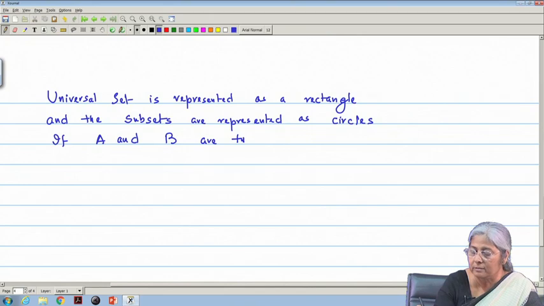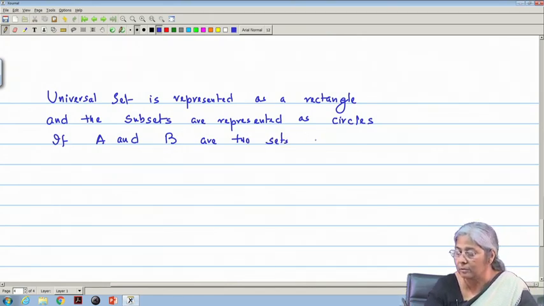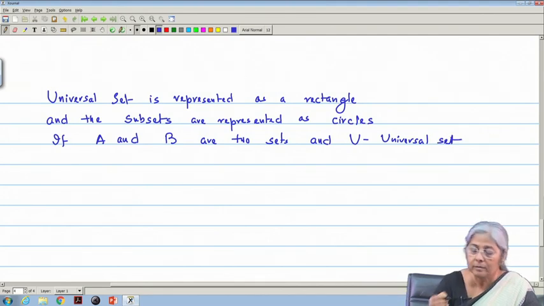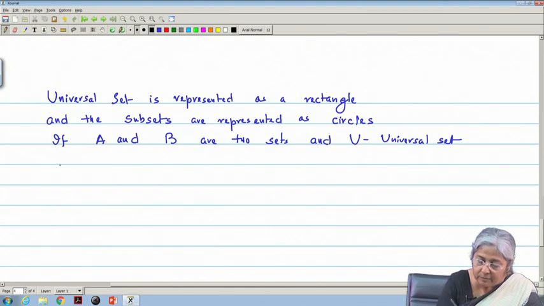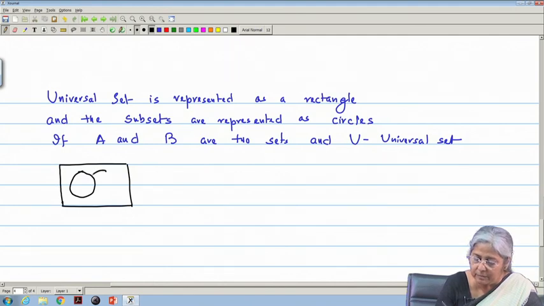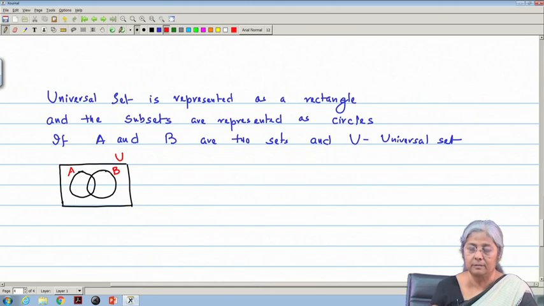So, if A and B are two sets and U is the universal set, then we can represent this as follows: this is my universal set U, the first circle is A, the second circle is B, these are the sets.